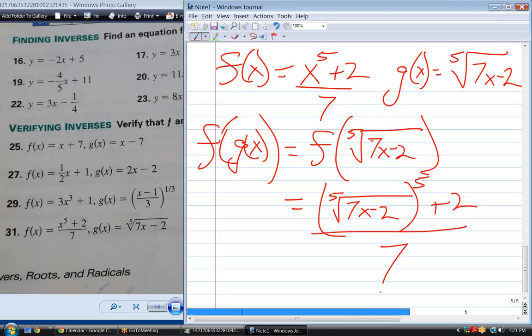Simplify that. It would be just 7x over 7, which equals x.